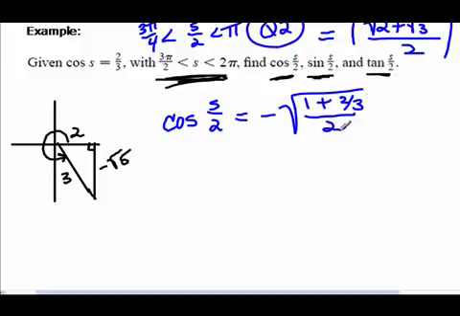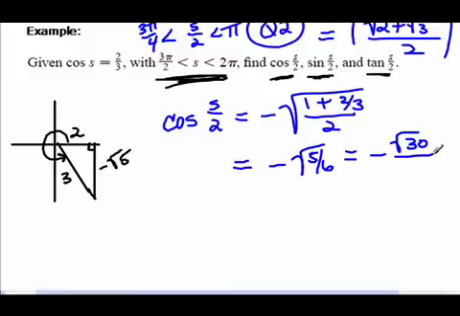All of that over 2. And that ends up being negative square root of 5/3 over 2, 5/3 times a half, square root of 5/6. And then when we rationalize the denominator, we get the square root of 30 over 6. Questions with cosine?